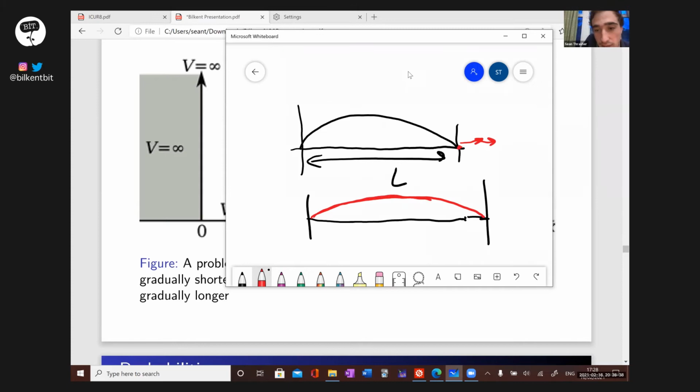I'm going to get the same basic shape. So if this was the energy level n equals 1, the ground state, it's going to remain in the ground state as well. From a physics perspective, this is rather stark. This is telling you that if you change your Hamiltonian really, really slowly, then typically the electron would want to remain in the same energy level. It's very, very unlikely for it to jump between energy levels.